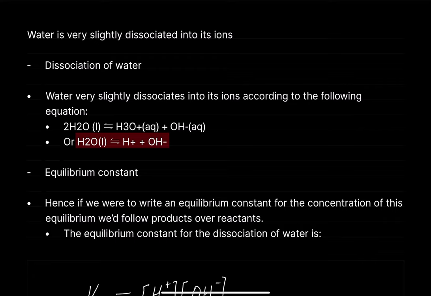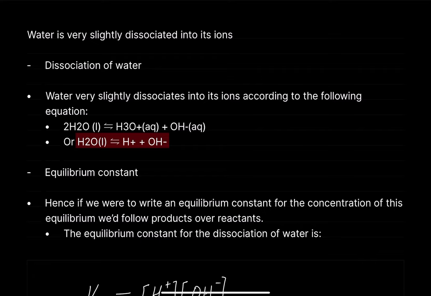Strong acids, as I said in my previous video, which I'll leave a link to in the description, we can work out the H plus concentration, or the pH, because for a strong acid, the concentration of the acid is the same as the H plus concentration.